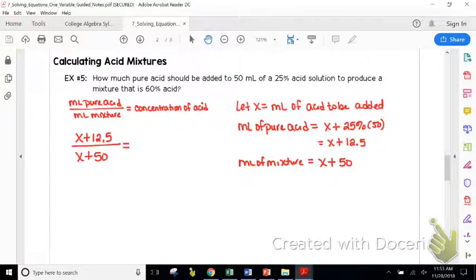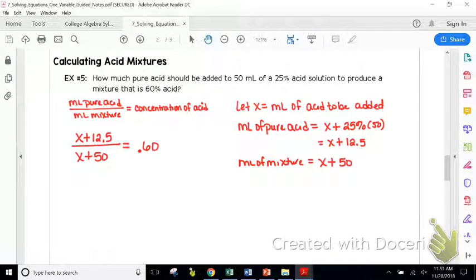Equals the concentration of the acid. Well, what's the concentration going to be at the end? 60%. So how do I write 60% as a number? 0.6 or 0.60, right? All right, and so all we need to do now is solve that.